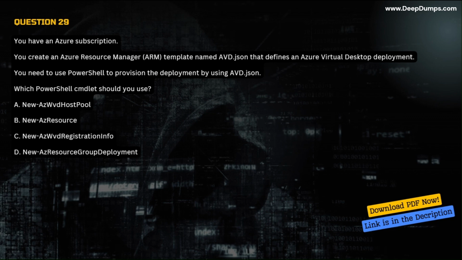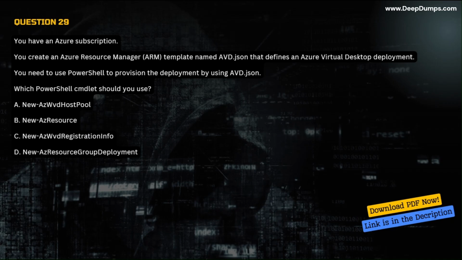Question 29. You have an Azure subscription. You create an Azure Resource Manager, ARM, template named avd.json that defines an Azure Virtual Desktop deployment. You need to use PowerShell to provision the deployment by using avd.json. Which PowerShell command should you use?